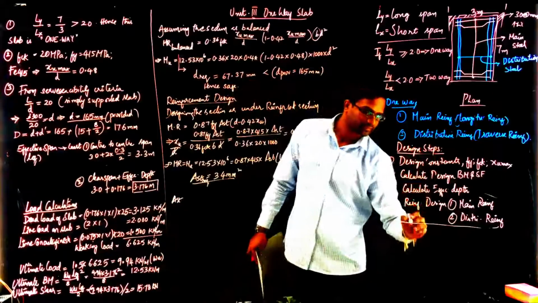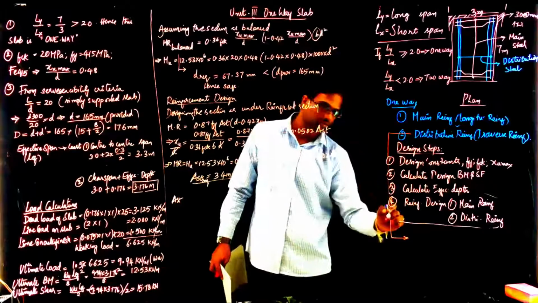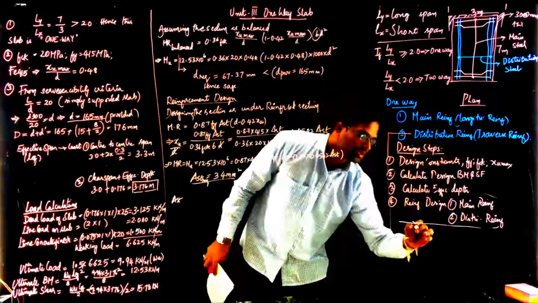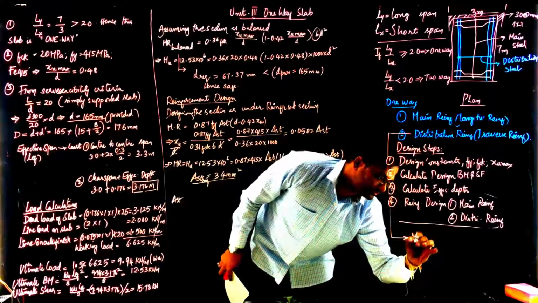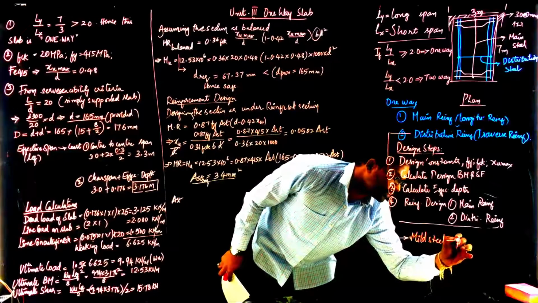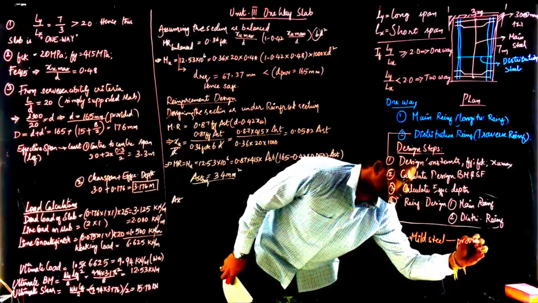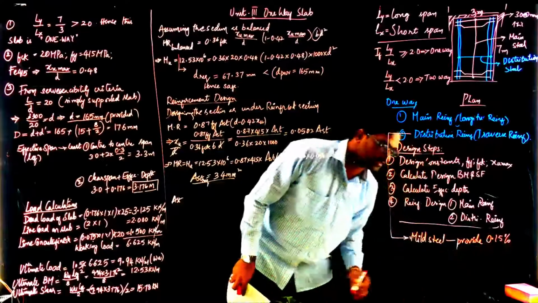So here, in distribution steel, please make a note of this. Distribution steel, if you are using mild steel, you have to provide 0.15% of gross area.